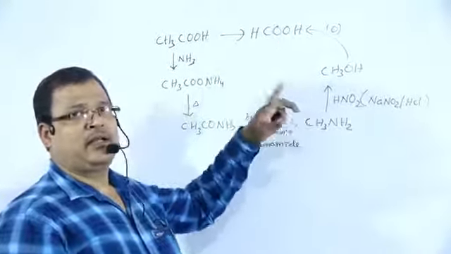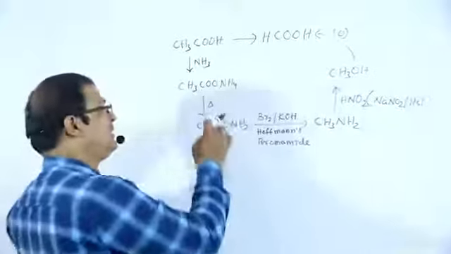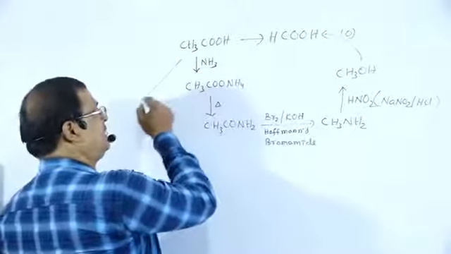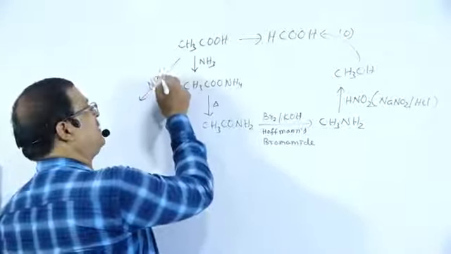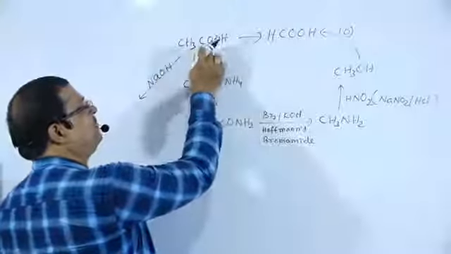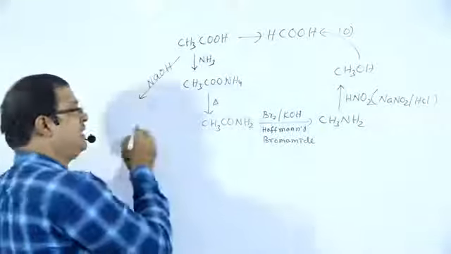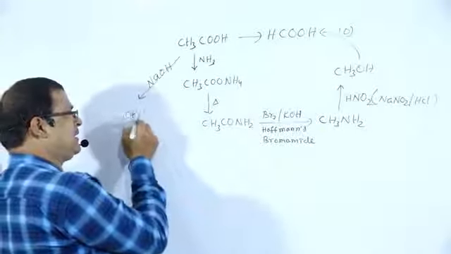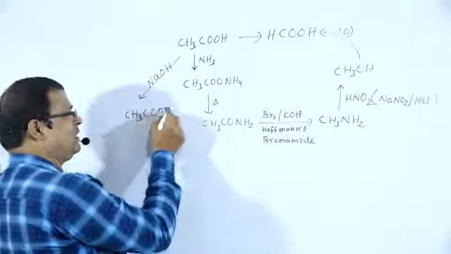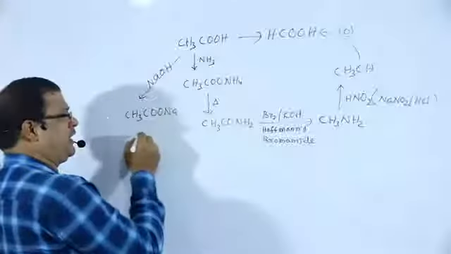In another manner you can also proceed. This is the carbon atom decrease. So this compound is treated with NaOH. Acetic acid treated with sodium hydroxide gives the formation of CH3COONa, that is sodium acetate.